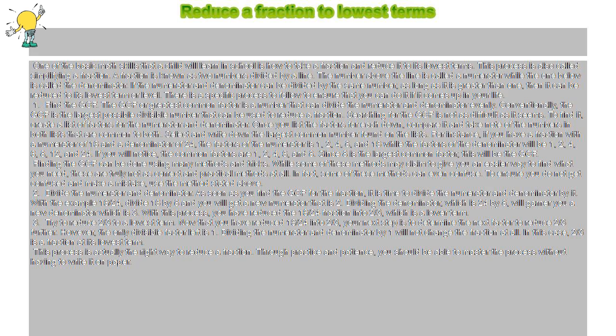For instance, if you have a fraction with a numerator of 16 and a denominator of 24, the factors of the numerator are 1, 2, 4, 8, and 16, while the factors of the denominator will be 1, 2, 4, 6, 8, 12, and 24.